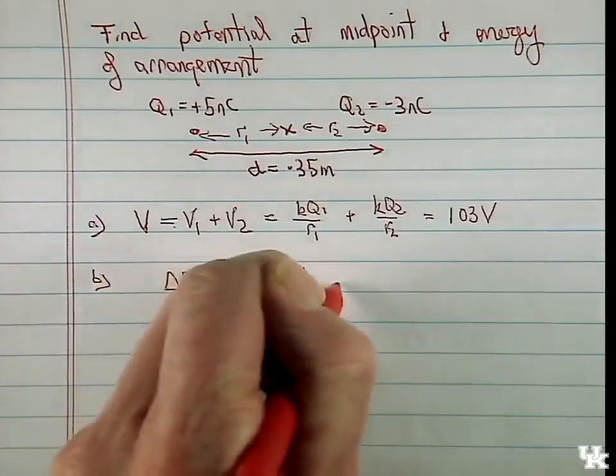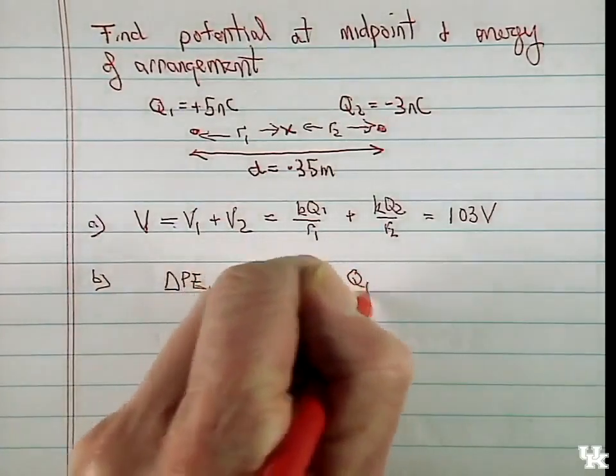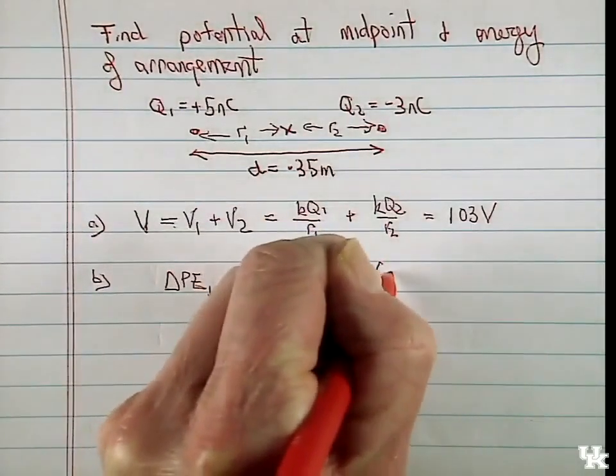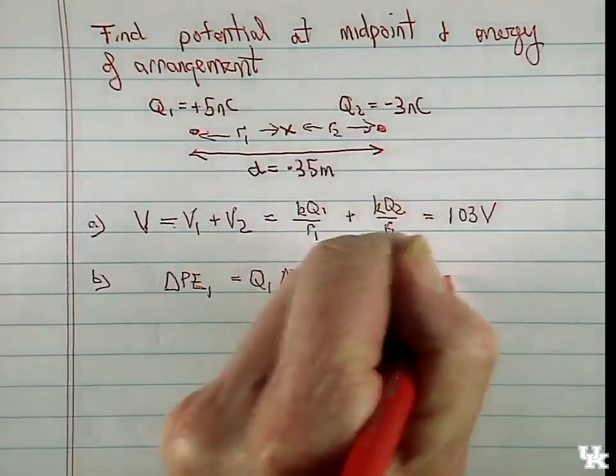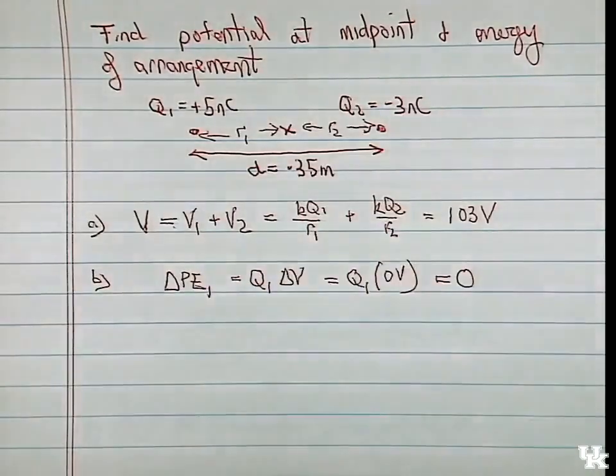Now, in this case, Q1 is not 0, but actually the change in potential is 0 volts. It started out in a region on its own. It ended up in a region on its own. There was no change in potential. So this is actually 0. It costs me no energy to bring in that first charge.